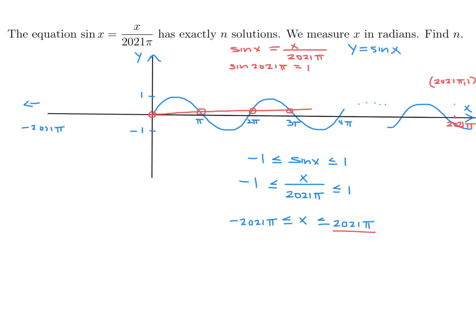Since this graph has a period of 2 pi, meaning it repeats every 2 pi, it looks to me that it has 2 intersection points. So I'll write that down. In each period, which in this graph is 2 pi, there are 2 intersection points.